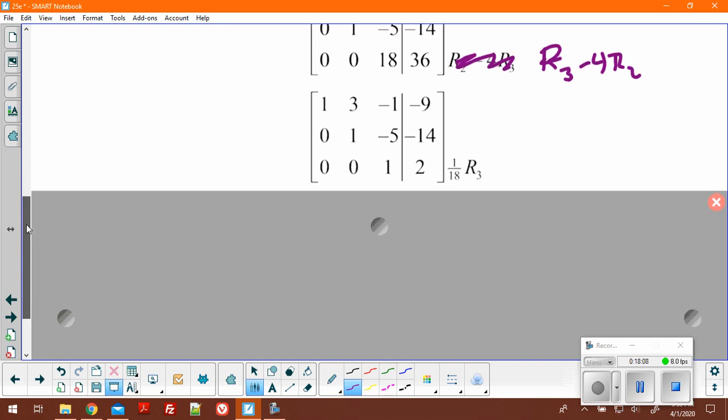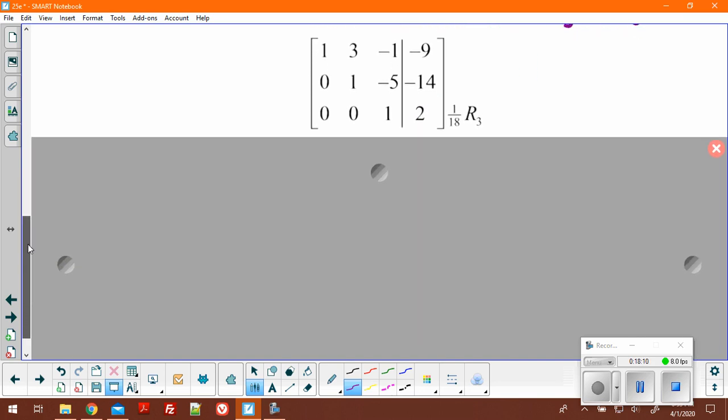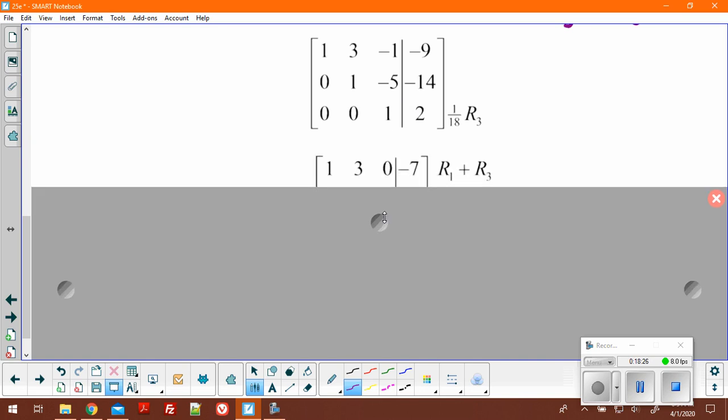Okay, once I've done that, I can start working backwards. So to knock out z from here, I could either multiply this by -5 and subtract, or multiply it by 5 and add. And same up here, I can just add row 1 and row 3 to make that knockout. So row 1 plus row 3, 1 plus 0 is 1, 3 plus 0 is 3, -1 plus 1 is 0, -9 plus 2 is -7.